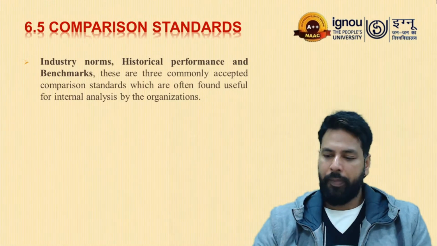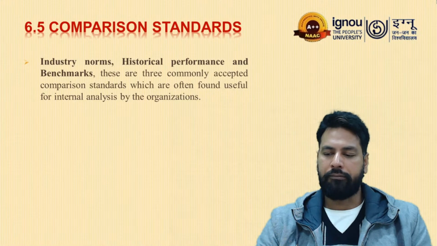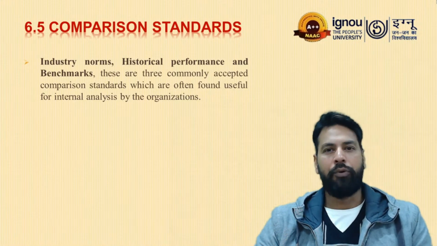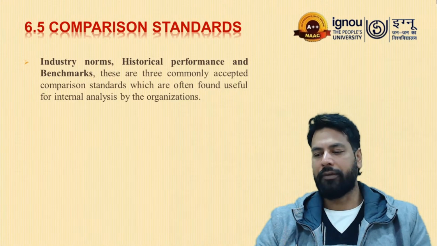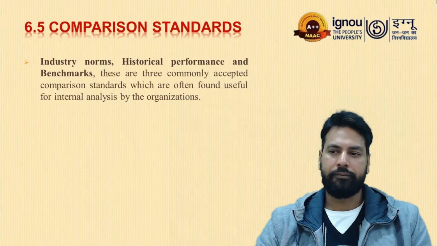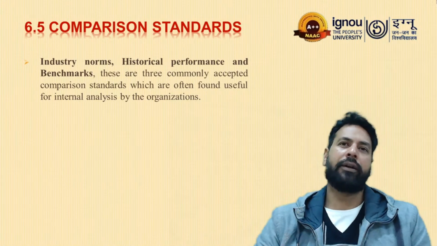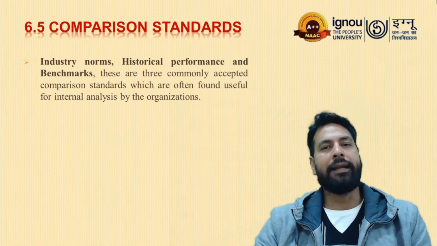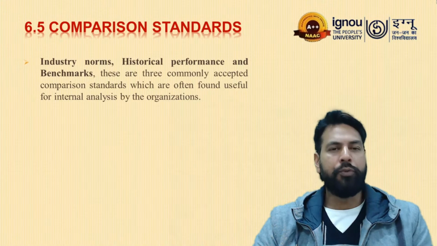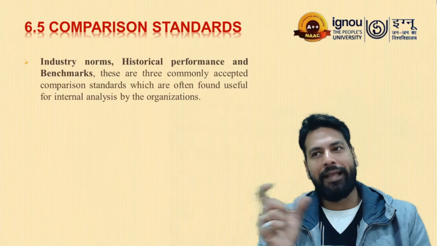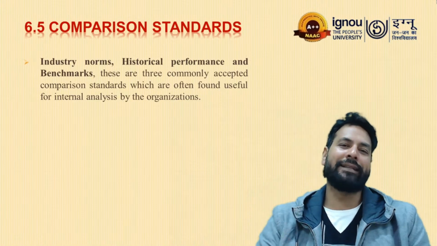For example, in sports, Usain Bolt, the fastest 100-meter runner in the world, now retired, set a benchmark of 9.66 seconds. So any athlete who wants to better Usain Bolt's record will have to beat that benchmark of 9.66 seconds.